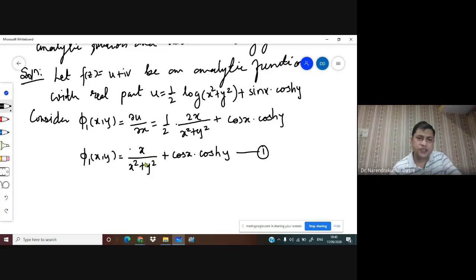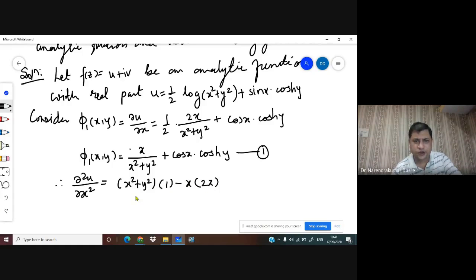Now again differentiate this with respect to x. So we have del square u by del x square. So we have to find the derivative of this term with respect to x again. Here we have to use the u upon v rule, and hence we have x square plus y square into derivative of x, which is 1, minus x as it is into derivative of denominator, which is 2x, upon x square plus y square whole square.